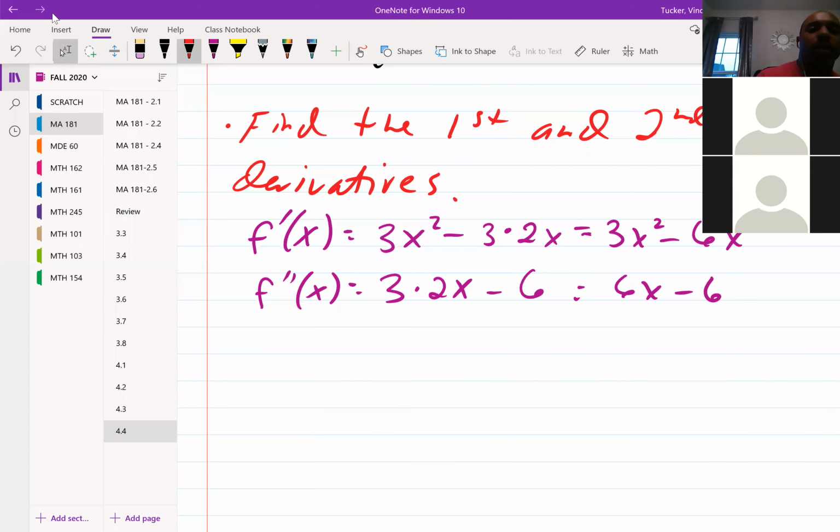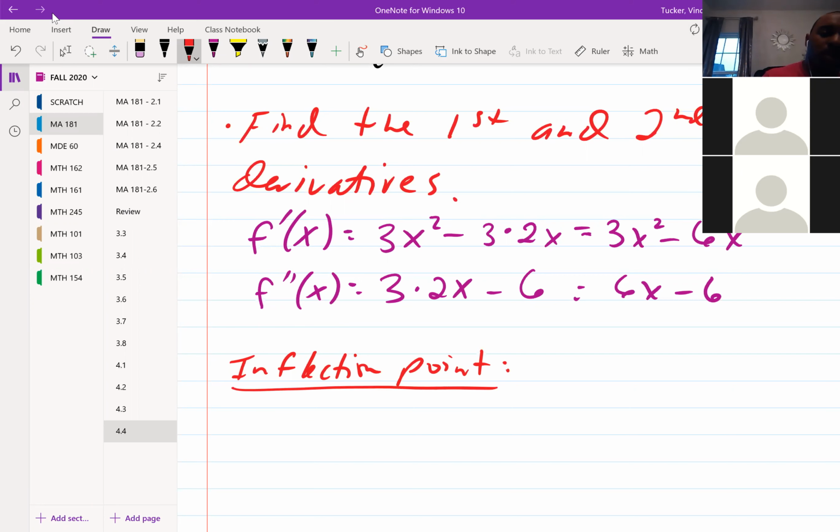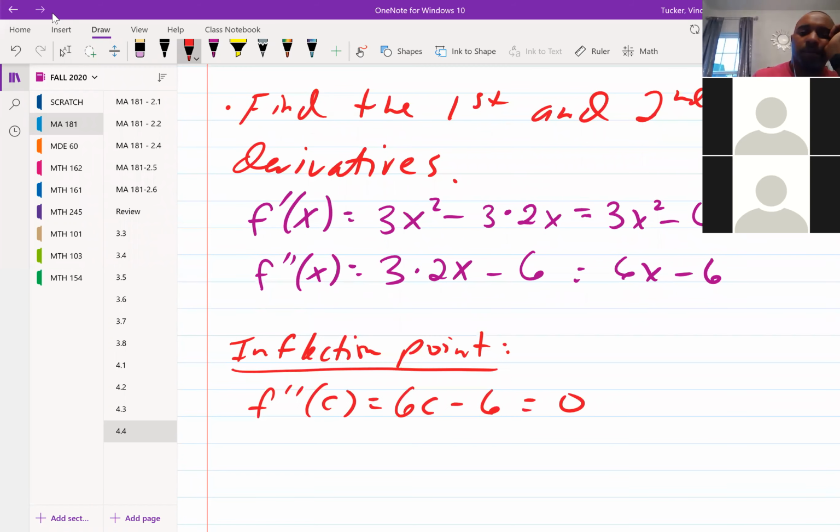So let's go ahead and find that inflection point. We can set it equal to 0.